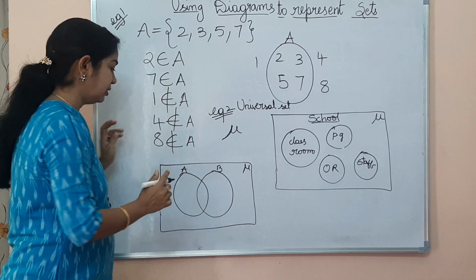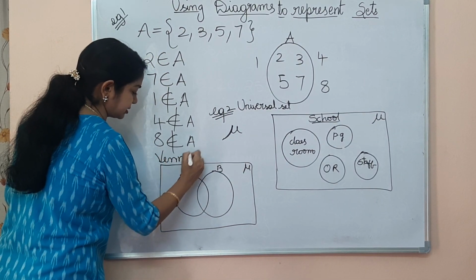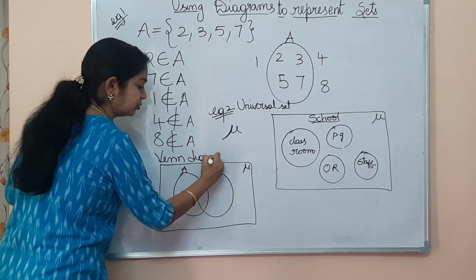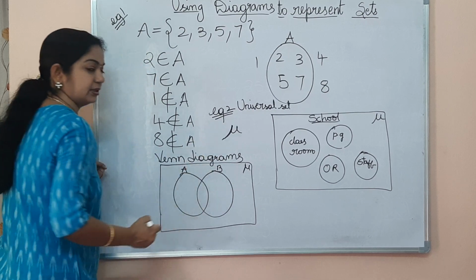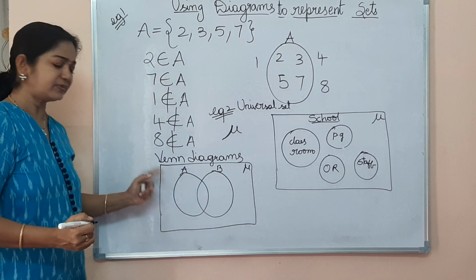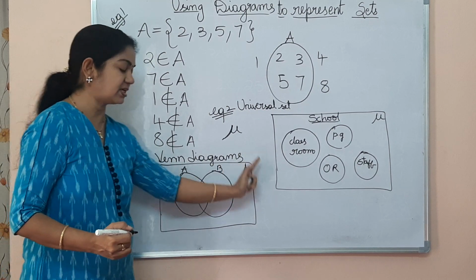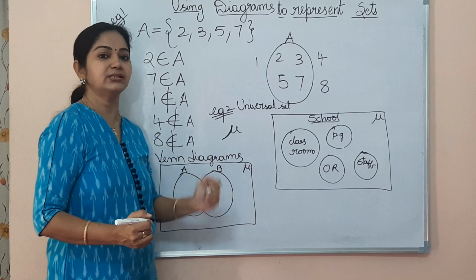This sort of representation is called a Venn diagram, or Venn-Euler diagram. We simply call them Venn diagrams. Okay, oval shaped sets which are overlapping inside a rectangular box, which is the complete set, the universal set.